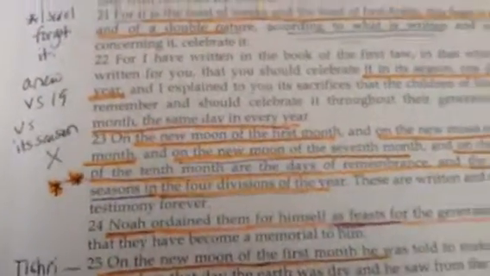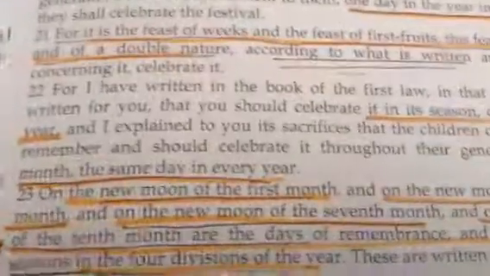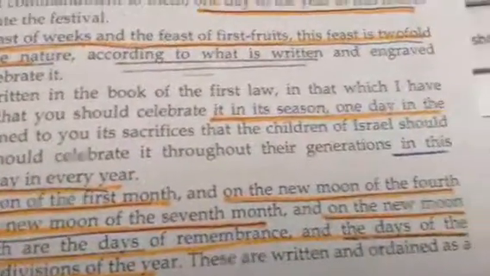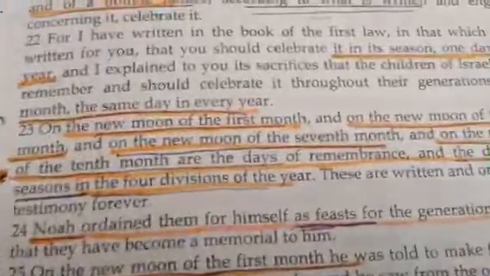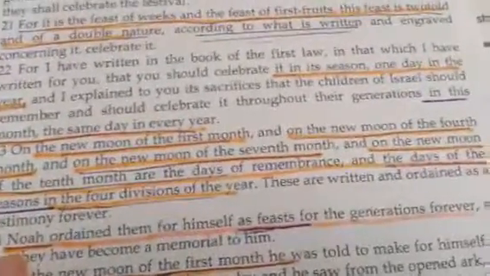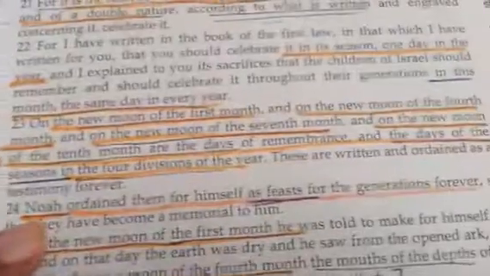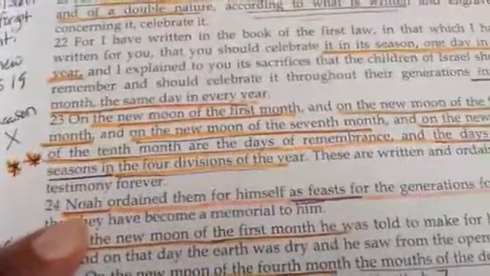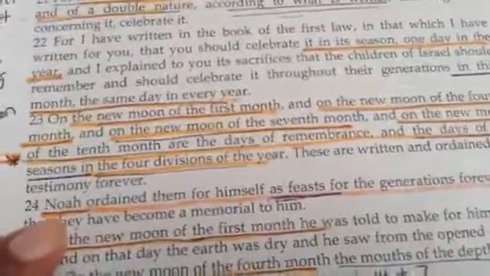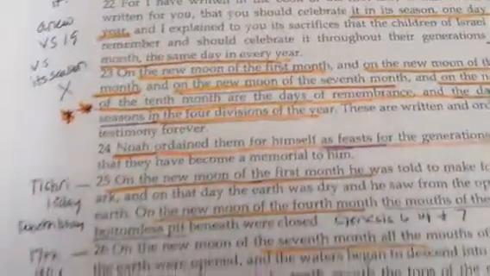For I have written in the book of the first law, in that which I have written for you, that you should celebrate it in its season, one day in the year, and I explained to you its sacrifices, that the children of Israel should remember and should celebrate it throughout their generations, in this month, the same day in every year.